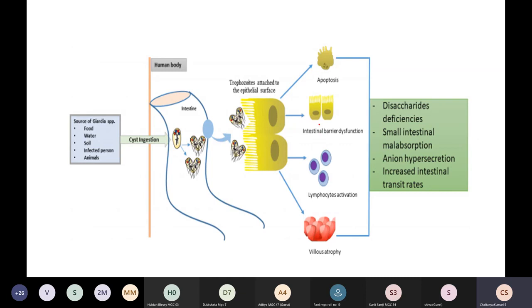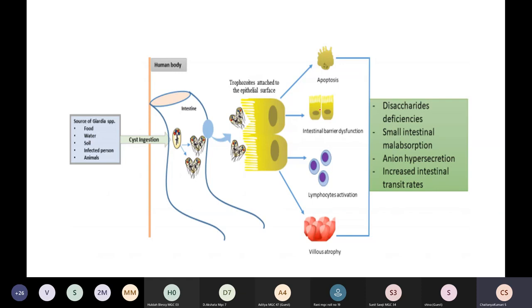So as a result, when you look at this stage, as it is damaging the epithelial cells and the tight junctions between these microvilli, they are not able to absorb the nutrients. So that means they are causing damage here, which is causing inflammation in the epithelial cells. When inflammation has developed, it will trigger the immune system.